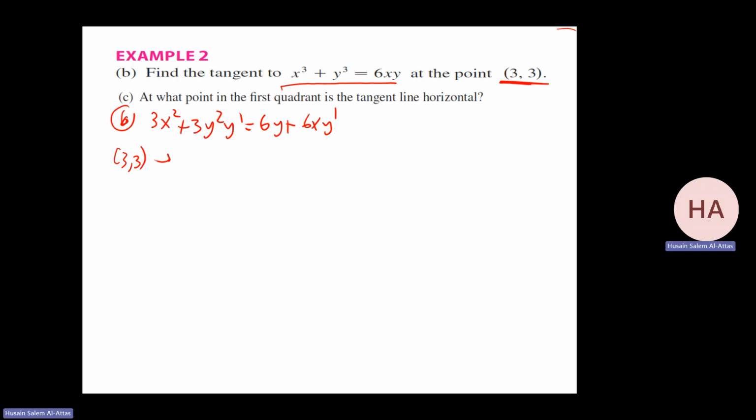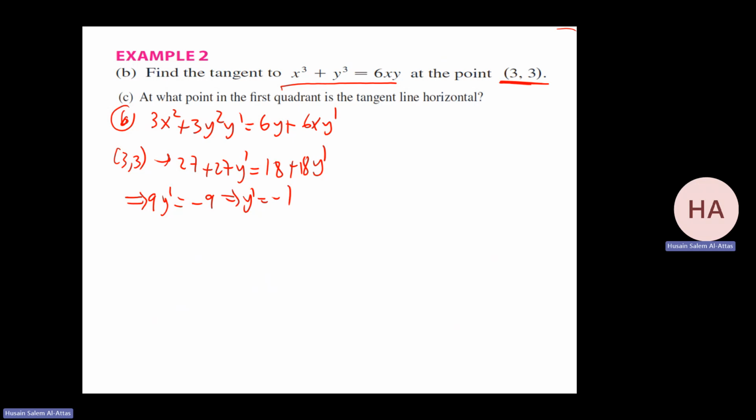Get what? 27 plus 27y prime equals 18 plus 18y prime. Take this to the other side. So you have 9y prime equals minus 9. So y prime equals minus 1. Am I right? Yeah, I took this to this side, and I took this to the other side.